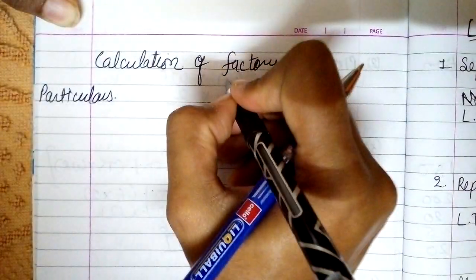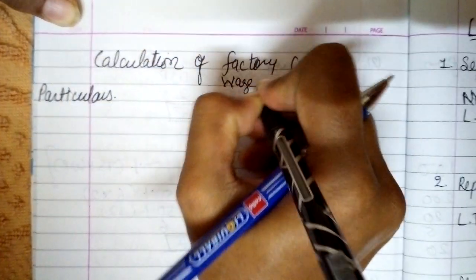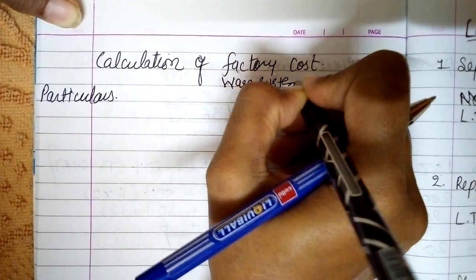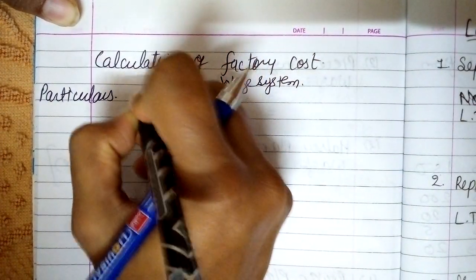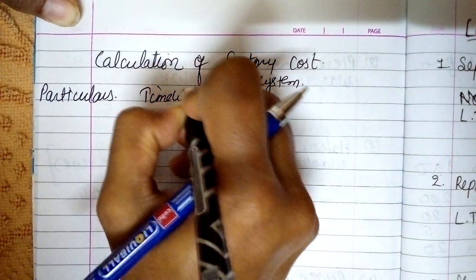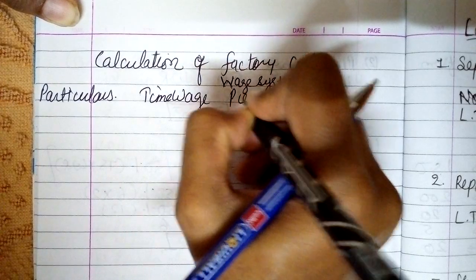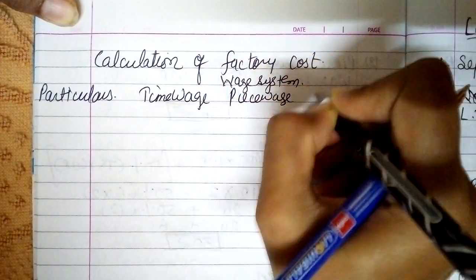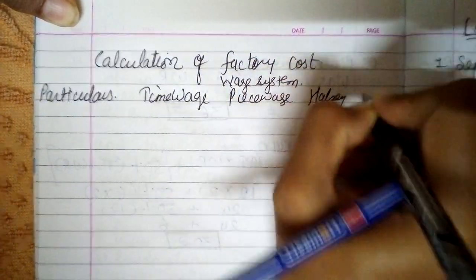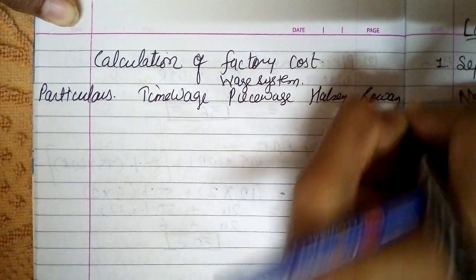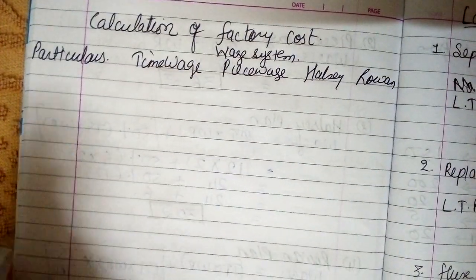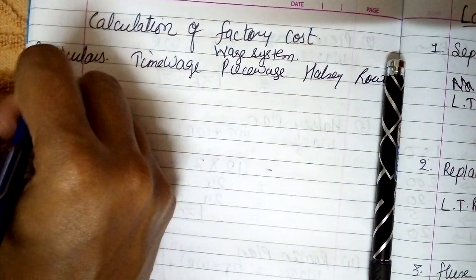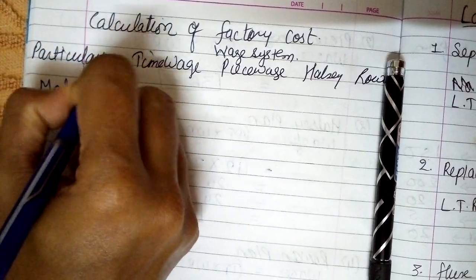Particulars here, wage system. So time wage, piece wage, Halsey and Rowan, right?